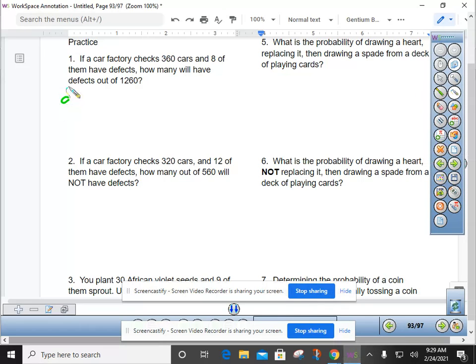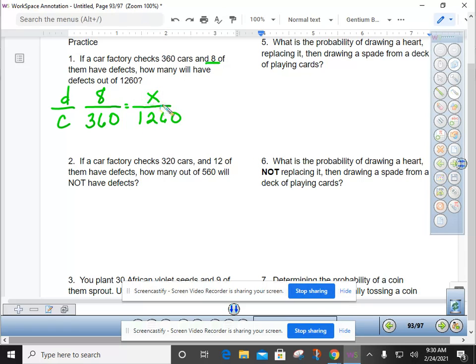I'm going to put defects over cars and write a proportion. 360 cars and how many have defects? 8. 8 defects out of 360. It wants to know how many defects out of 1,260. Do you know how to solve that? Yes. You can do that on your own.